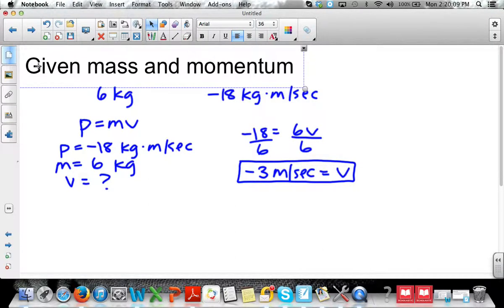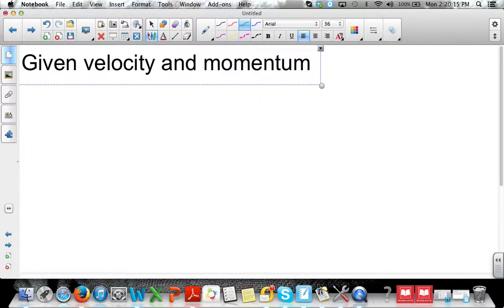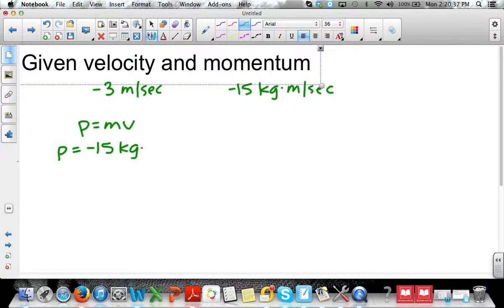And then the last case, given velocity and momentum. So let's say velocity is negative 3 meters per second, momentum negative 15 kilogram meters per second. I'm going to write my whole formula. Momentum is negative 15 kilogram meters per second.